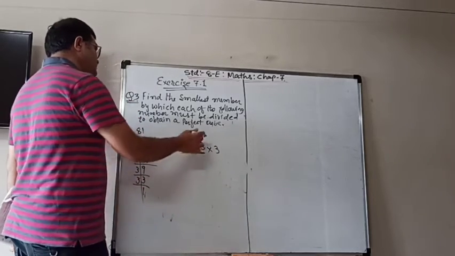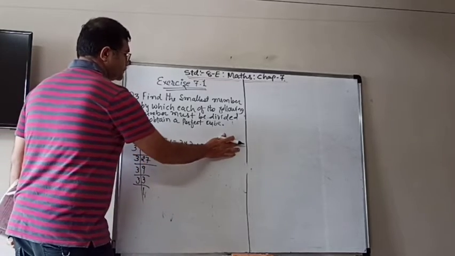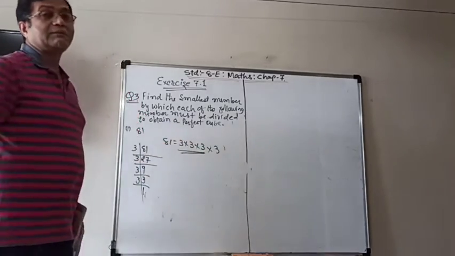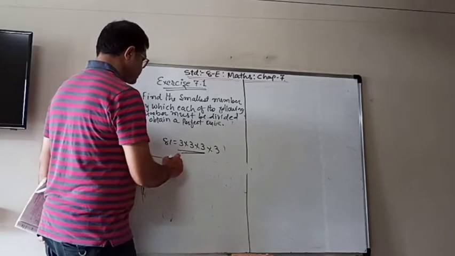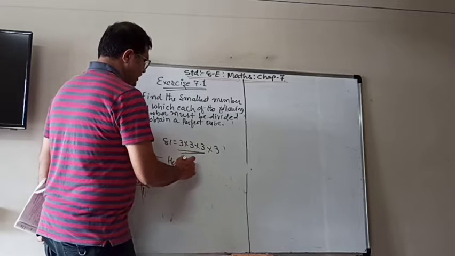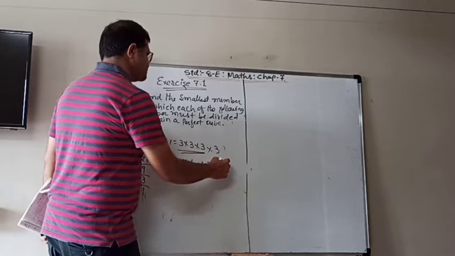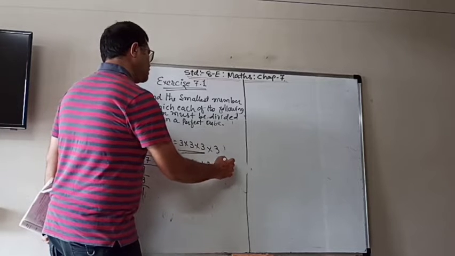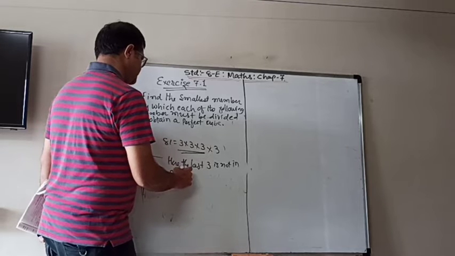It means that if you divide that number by 3, then that will be gone and the remaining number will be a perfect cube. So here the last 3 is not in a group of 3.